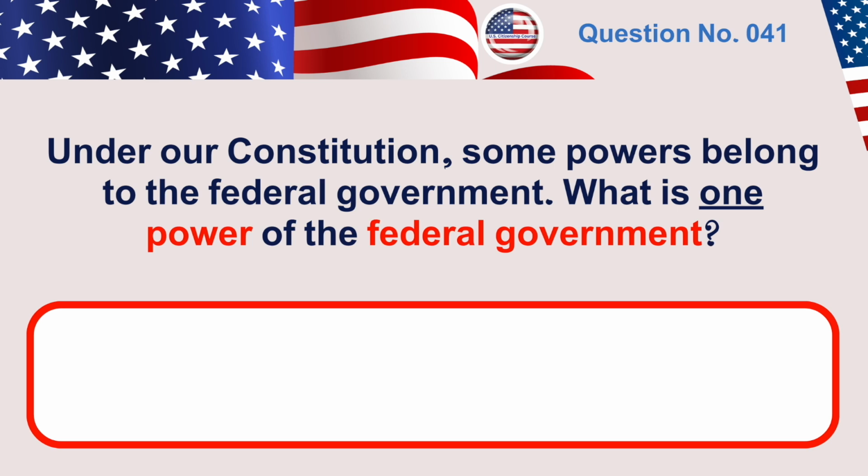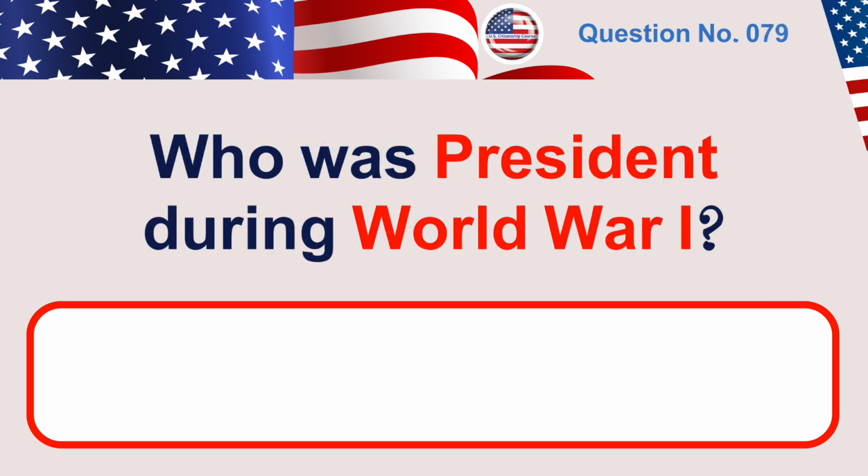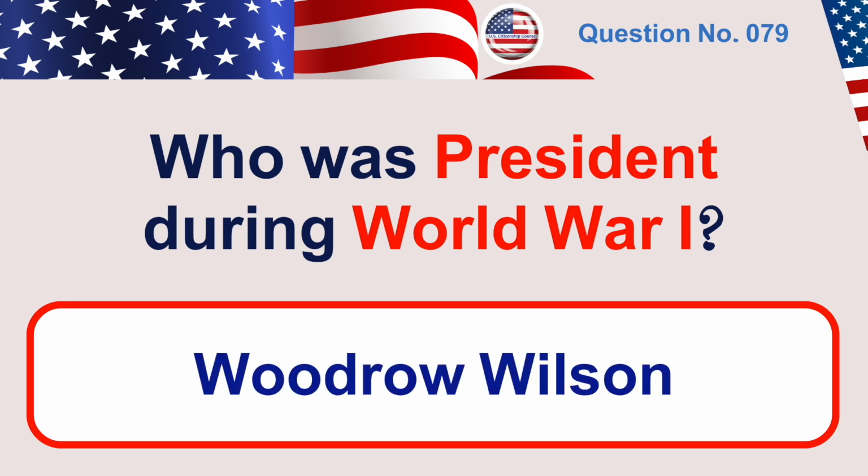Under our Constitution, some powers belong to the federal government. What is one power of the federal government? To print money. Who was president during World War I? Woodrow Wilson.